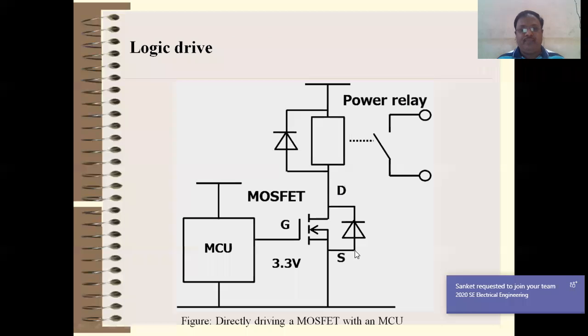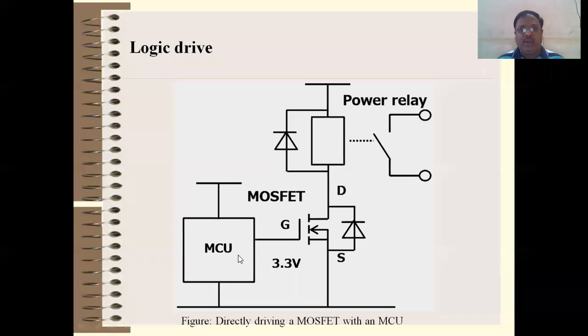Then next one, directly you can apply the output of MCU, microcontroller unit. So you can directly use a microcontroller based gate drive circuit. The output of this microcontroller is 3.3 volt, so you can directly apply it to the gate of MOSFET, and with the help of programming, you can control the triggering or maybe firing angle of this particular MOSFET. It means when to turn on, when to turn off the MOSFET.